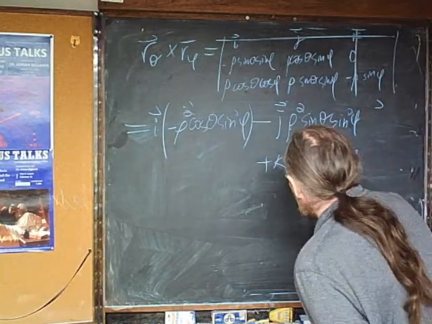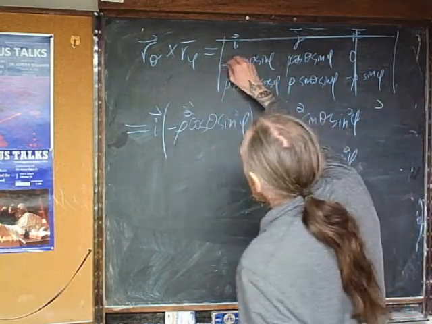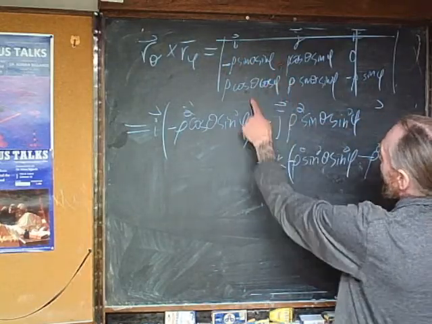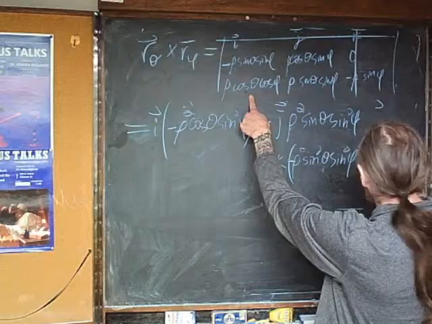That should be a negative. And then a negative here, and that's why I get a minus rho squared. I got the same computation. I don't know what I did wrong.